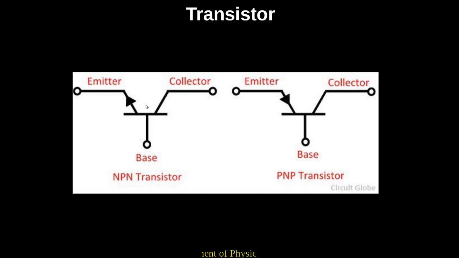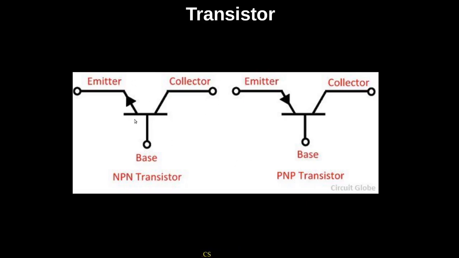So this arrow indicates whether it is NPN or PNP. If the arrow is directed away from the base towards the emitter, that is an NPN transistor, while if the arrow is directed toward the base, it is a PNP transistor.